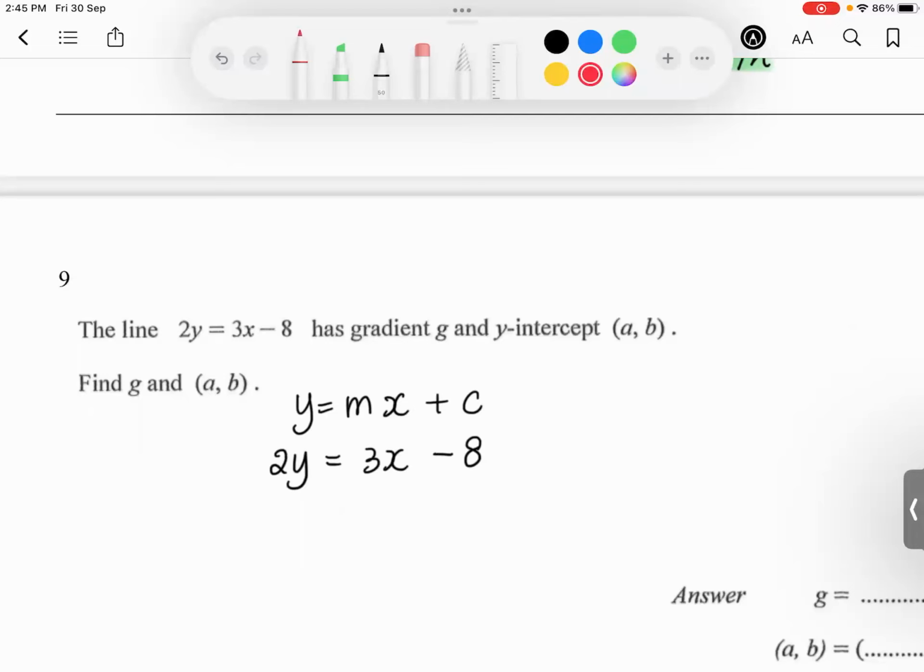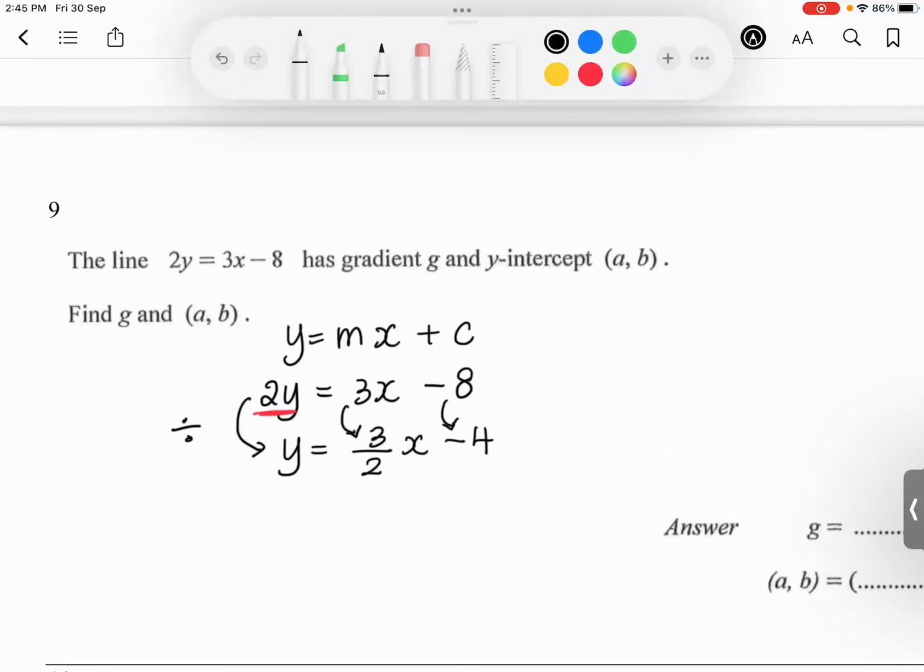This is not y yet, so I need to make it into just y. What do I need to do to change this into just y? I need to divide by 2. Instead of writing the whole thing divided by 2, I can divide individual numbers by 2. This will be 3 over 2 x minus, divide by 2, this one will become 4.